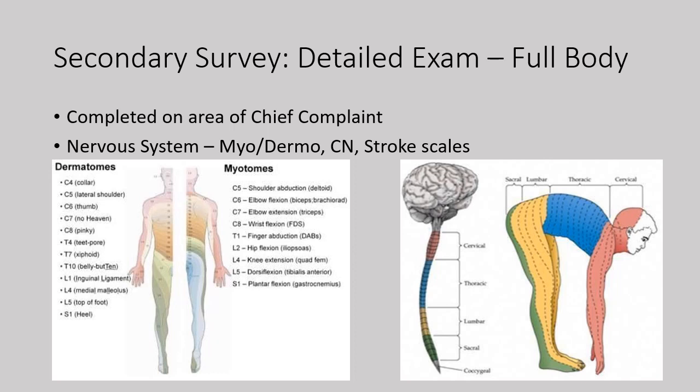So then we go all the way down to S1, plantar flexion, like pushing gas on the pedal, and then bringing those toes towards your head is L4. So that's the normal myotomes we test on trauma patients.